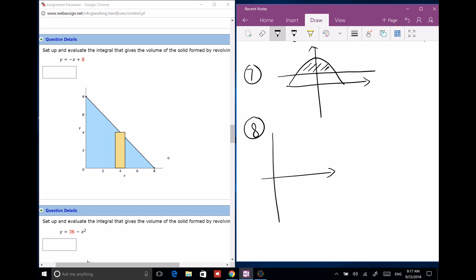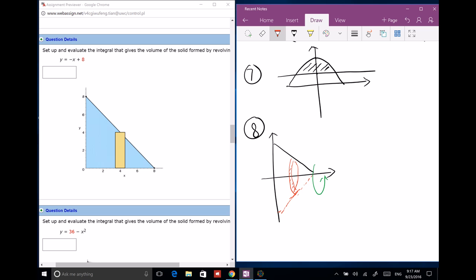Basically, you revolve this way. And if you revolve that way, you're going to have something here, like this.